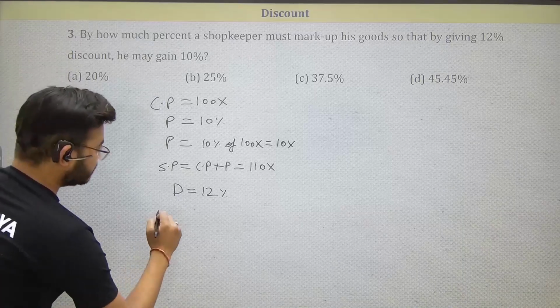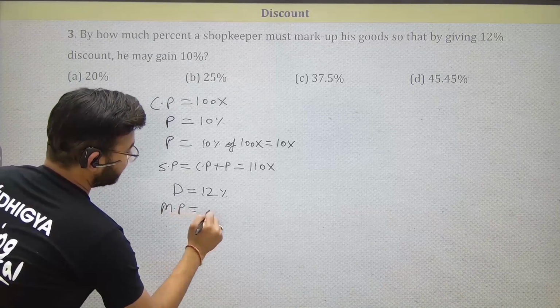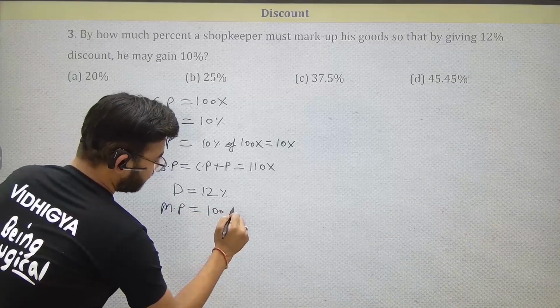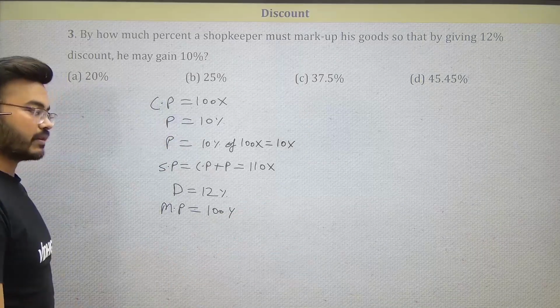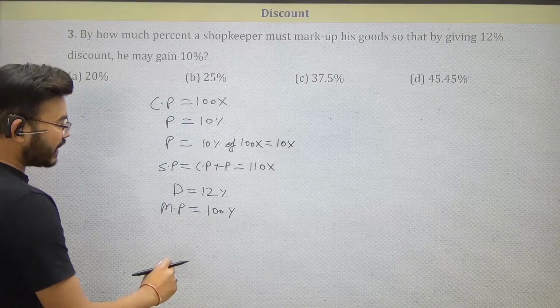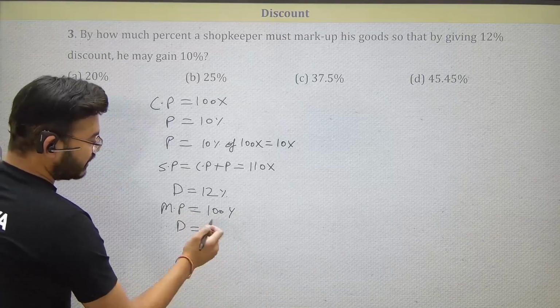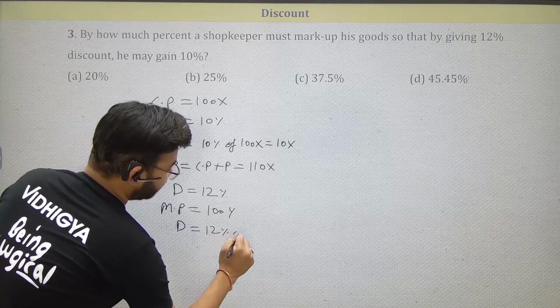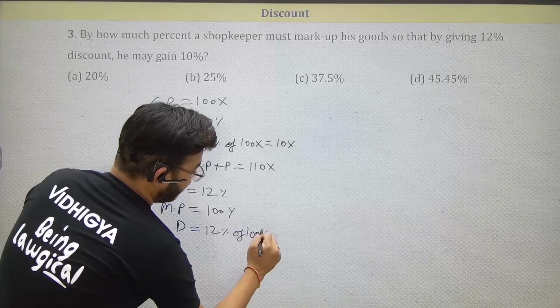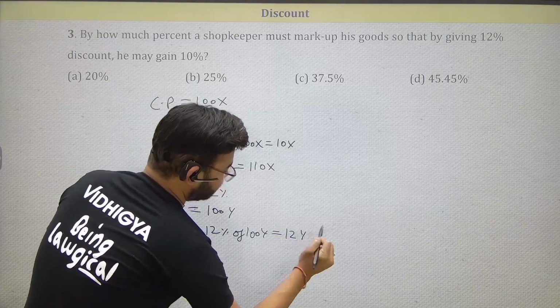Let us assume that the marked price is 100y. So if marked price is 100y, the value of discount will be 12% of 100y, which is 12y.